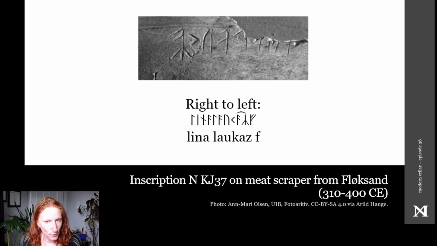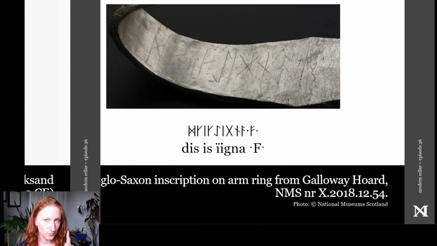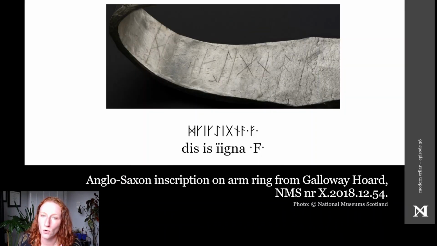But the Fehu rune and Háthuwulf's on the stone that I just showed you, these could represent the concept of wealth, since wealth was measured in livestock in early Germanic societies, and wealth is one of the interpretations for the name Fehu. And this seems to be confirmed by one of the 4 arm rings of the Galloway hoard.